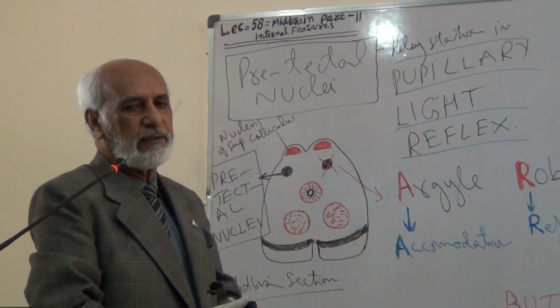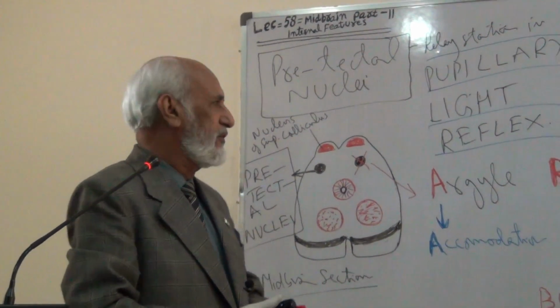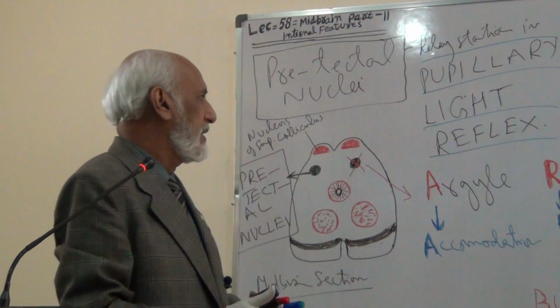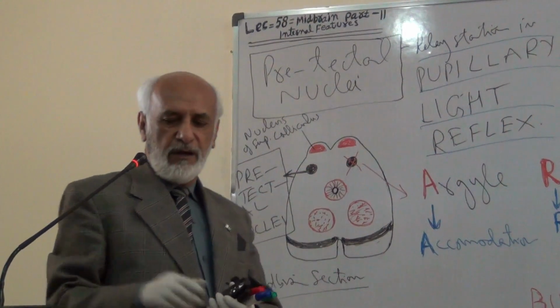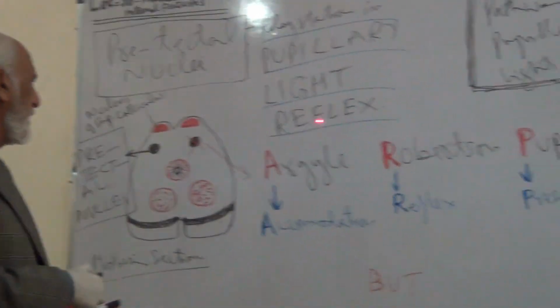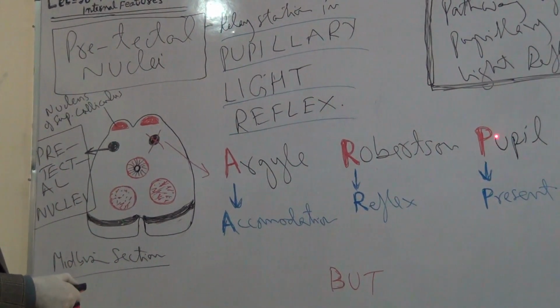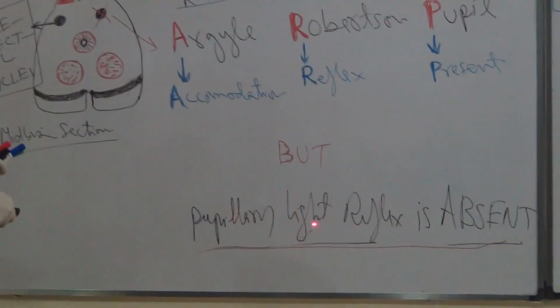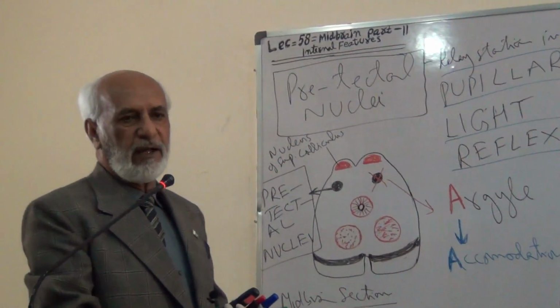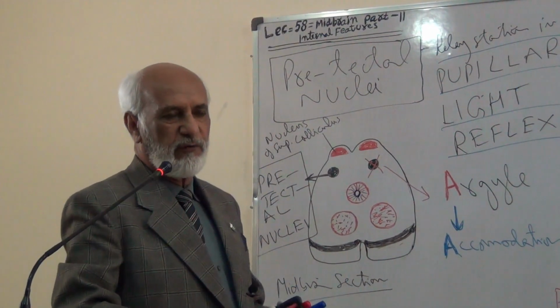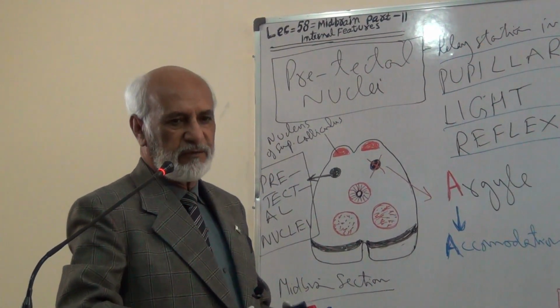When there is damage to the pretectal nucleus, it will result in Argyll-Robertson pupil, in which the accommodation reflex is present, but the pupillary light reflex is absent. Why is it so? Because the pathway of the accommodation reflex and the pupillary light reflex is different.